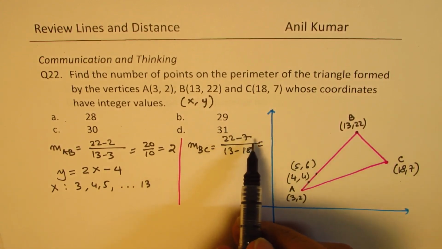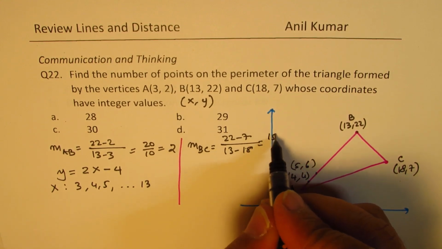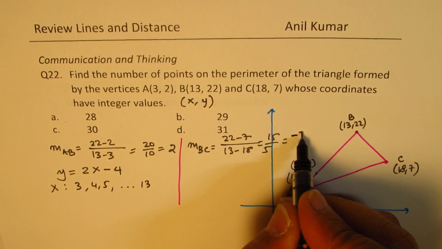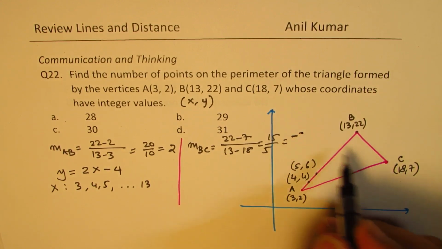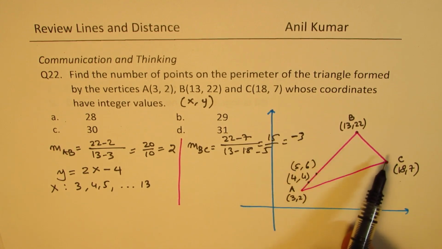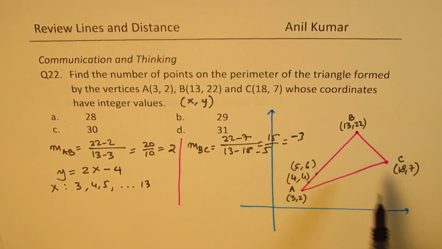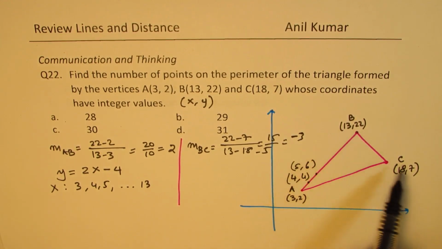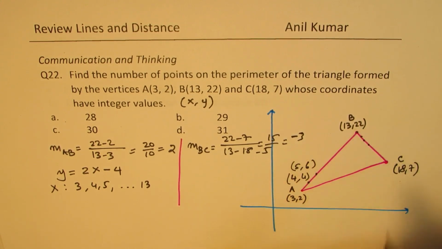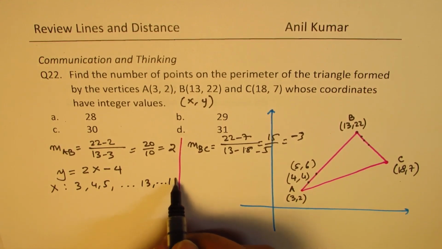So 22 minus 7 is 15 and 13 minus 18 is minus 5. So it is minus 3. It's going downwards. So again it is integer values. That means for all these x values from 13 to 18, we will have points on the periphery of this triangle. So we can continue this pattern till 18.